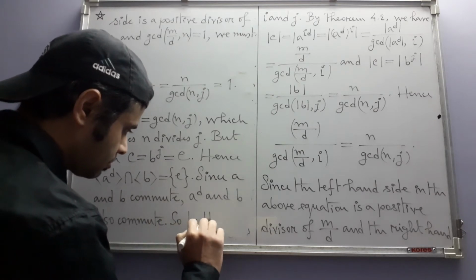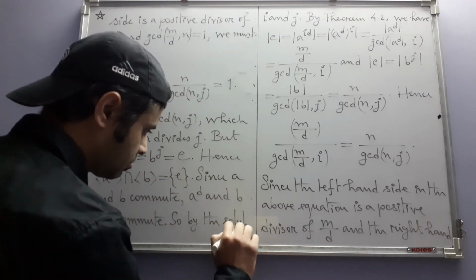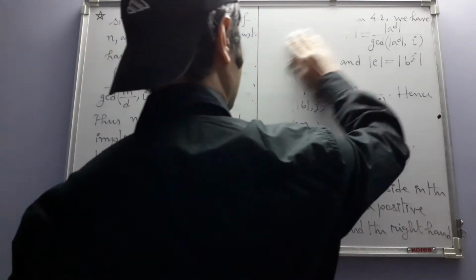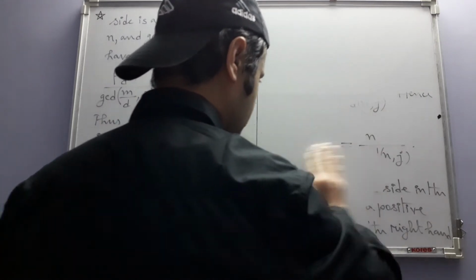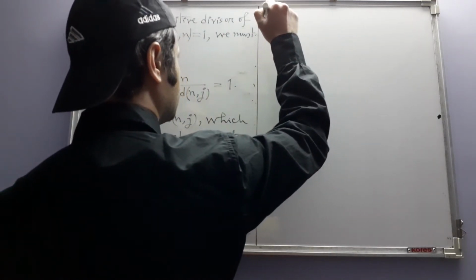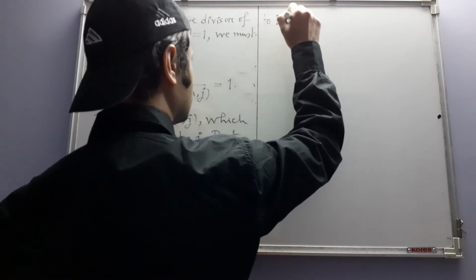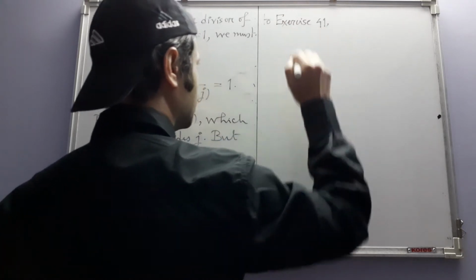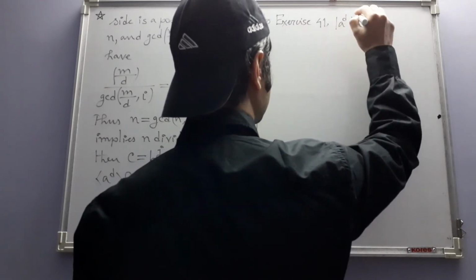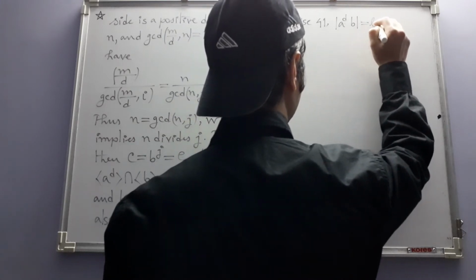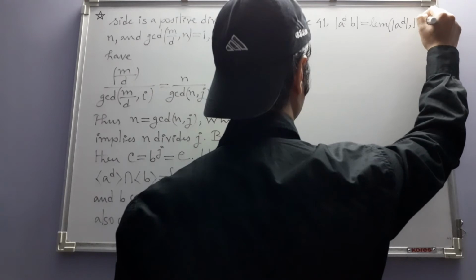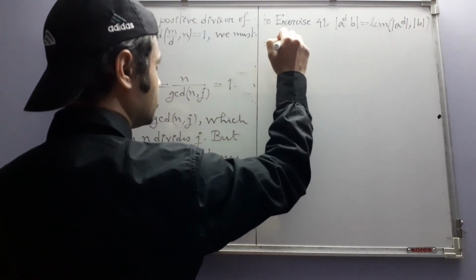So by the solution to exercise 41, the order of this product a to the power d times b is equal to the LCM of the order of a to the power d and the order of b, which is equal to the LCM.